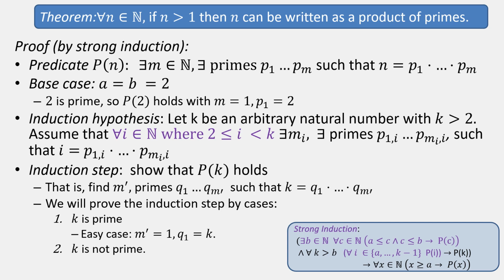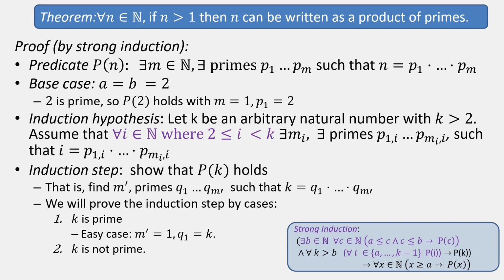The base case, since n is greater than 1, will be 2, and actually in this case we only need one base case. So if you're using strong induction, we could take a and b to be the same, to be 2. So 2 is prime, and if the number is prime, we only need to put that number in the product. So m will be 1, and our only prime will be the number 2 itself.